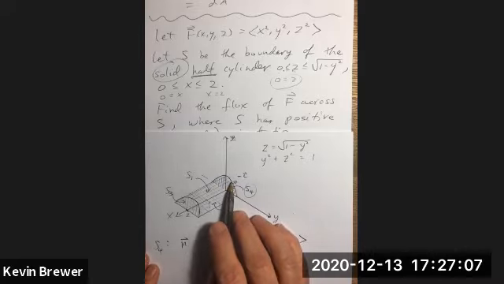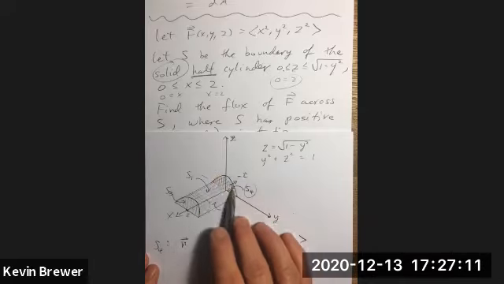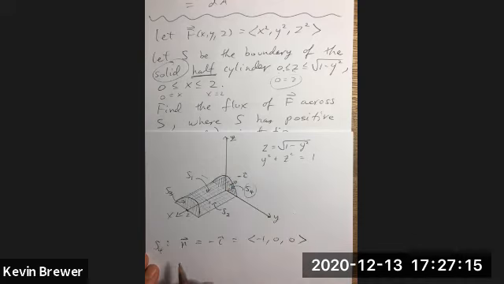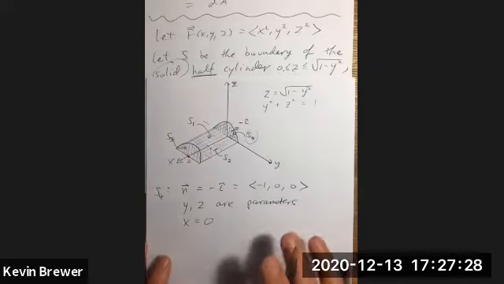And S4 is parallel to, and actually part of, the YZ plane. So here we would think of Y and Z as being parameters, and then X, which is a constant, is 0.